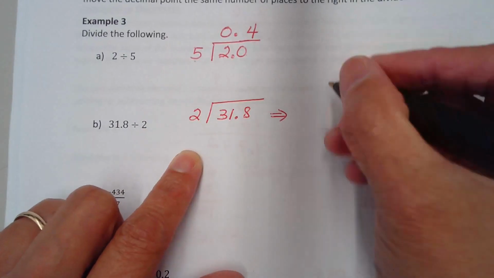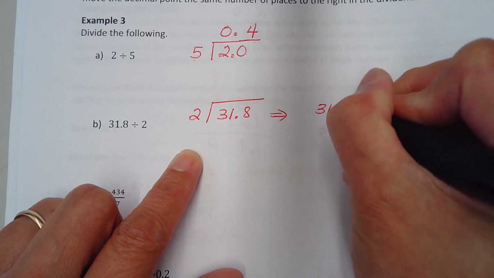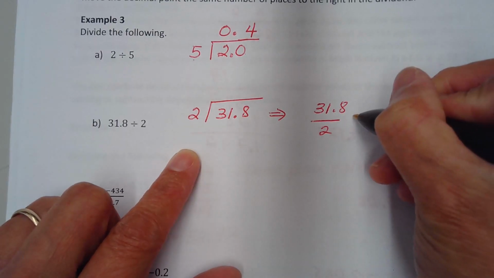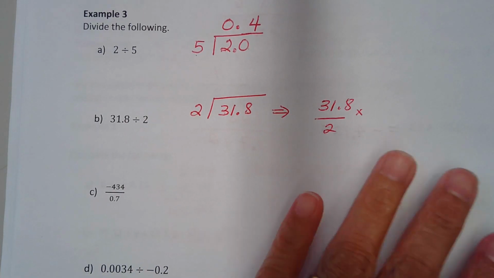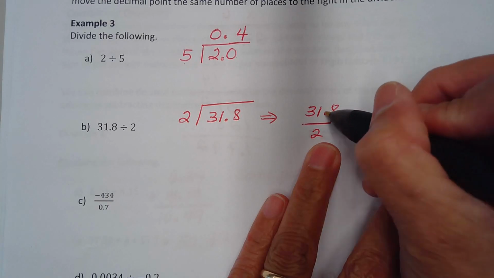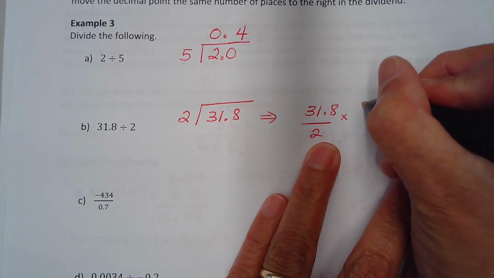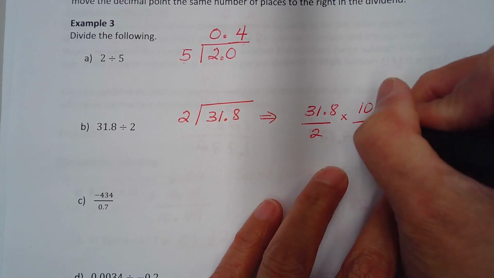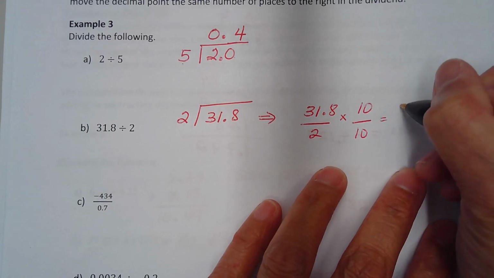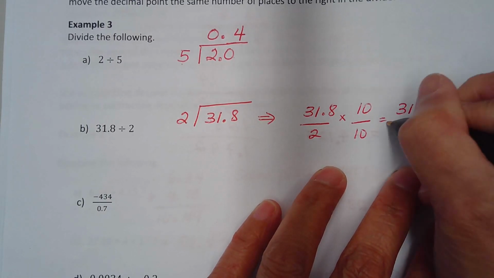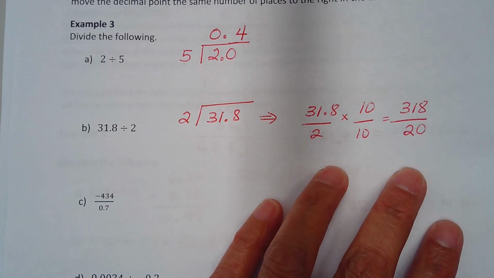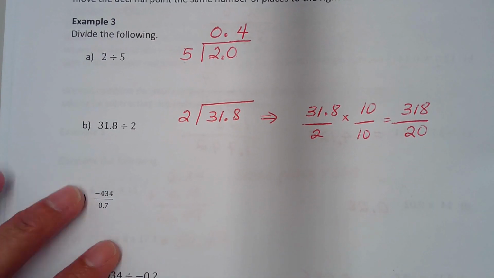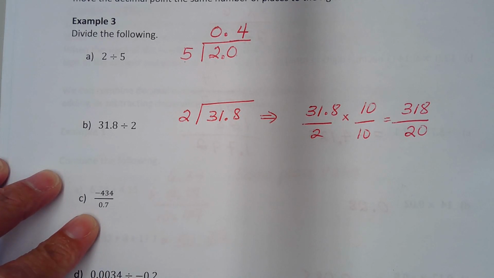Before I move on to this, I would go 31.8 divided by 2. What we could do is we could create an equivalent fraction. Okay? So this is a 0.8. To get rid of the 0.8, I can multiply it by 10 tenths. So this is going to give me 318 divided by 20. So we can rewrite it like that.